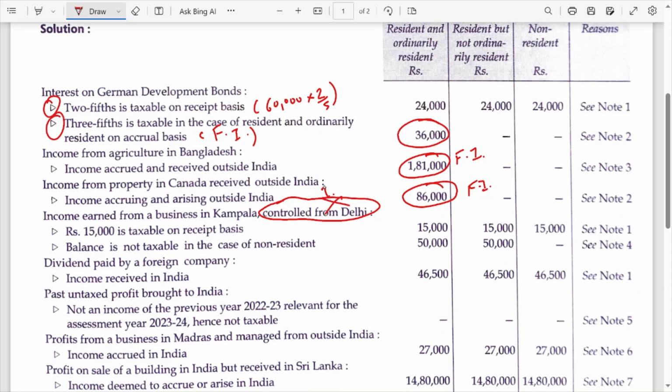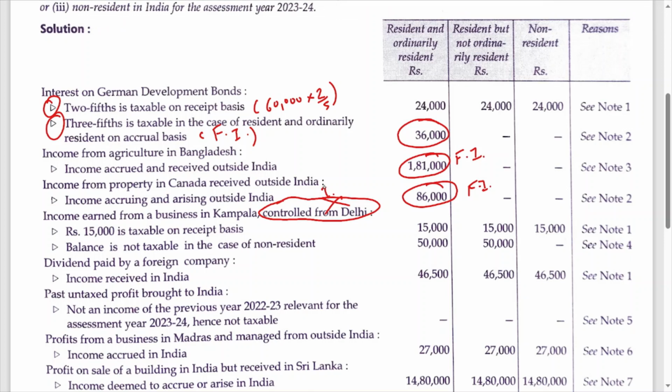So income is earned from business in Kampala, and you have received the remaining amount outside India. Only 15,000 you have received in India, but the remaining amount you have received outside India. So the business is in Kampala, that is outside India, and the balance amount is also received outside India.